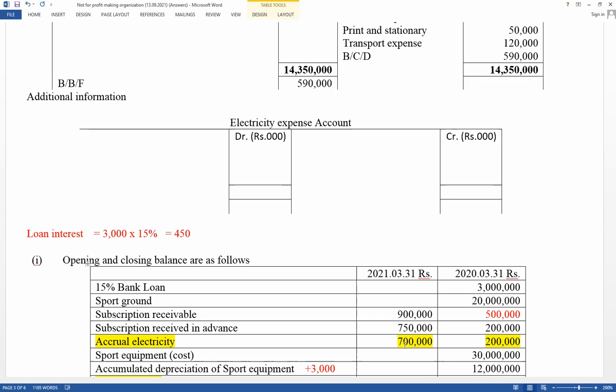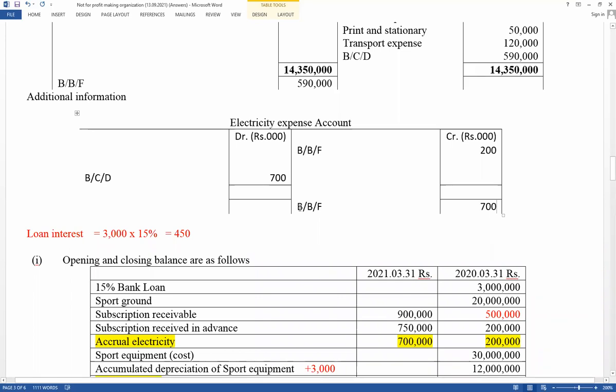Therefore, in the electricity expense account, credit side, balance brought forward 200. The closing balance given is 700. That value, balance carried down, goes from the debit side to the credit side, value 700, and balance brought forward on the credit side, 700.